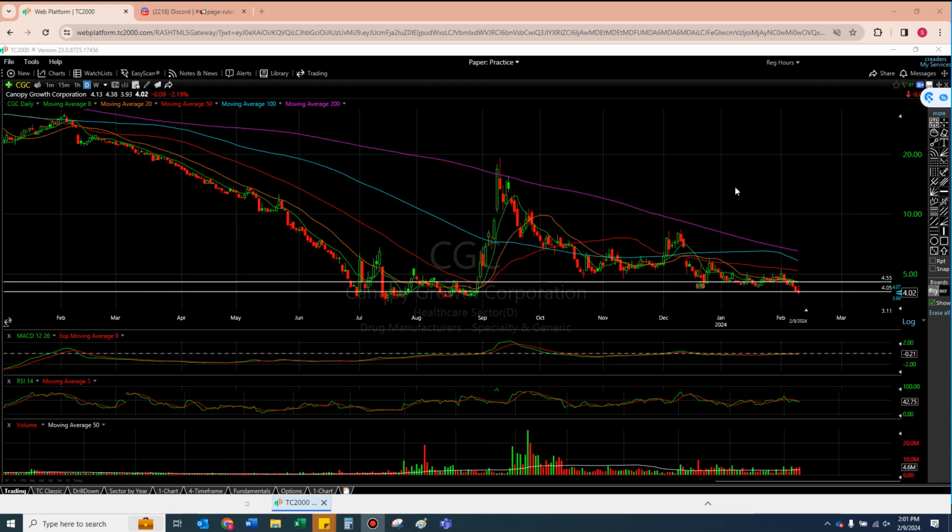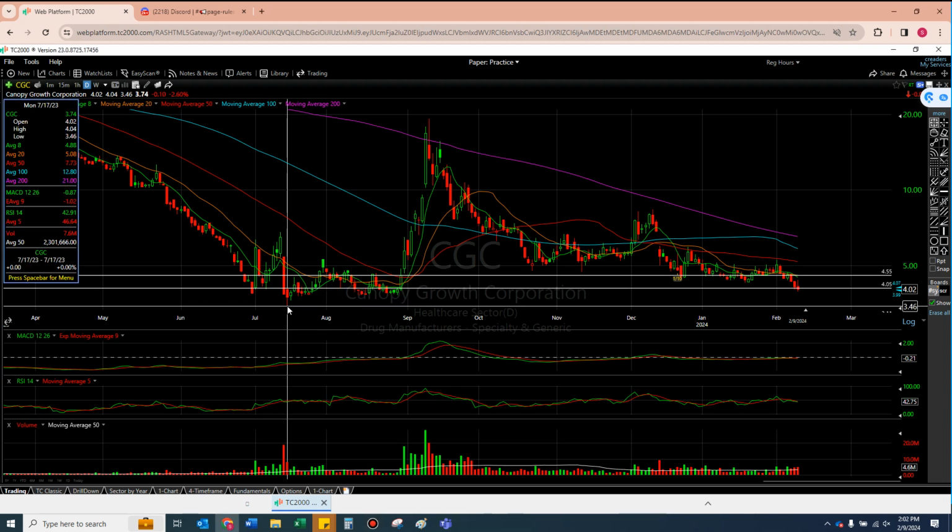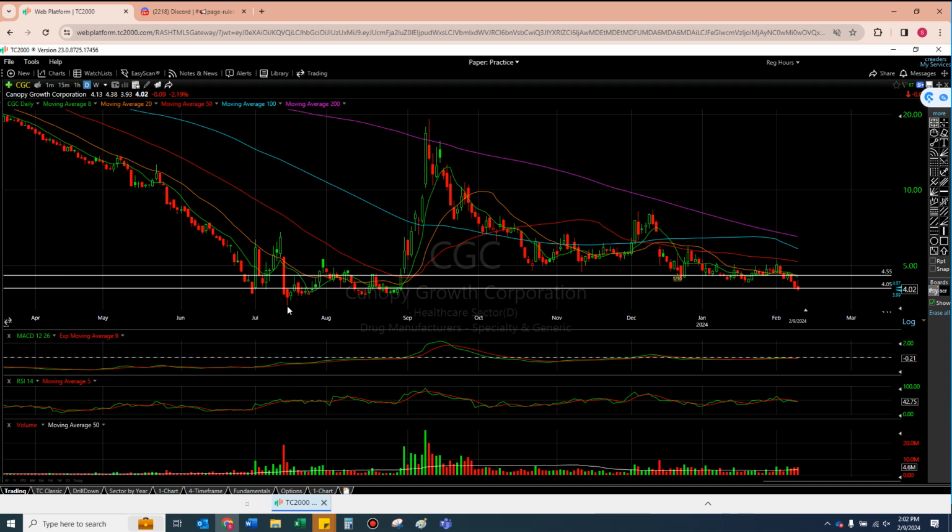Yes, so again, CGC, we are now at the 405 line, and though it is not the true all-time low, which is what? What's that wick right there? 346. To me, this 405 line matters way, way, way more than any of the other lines below it.